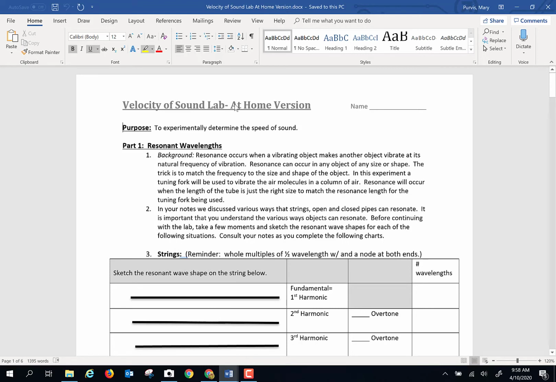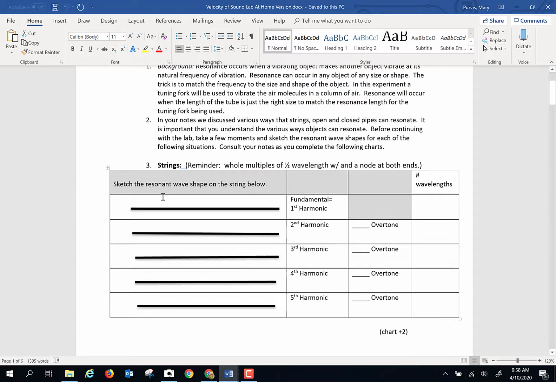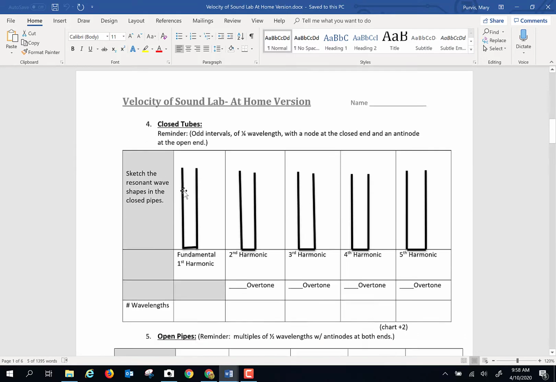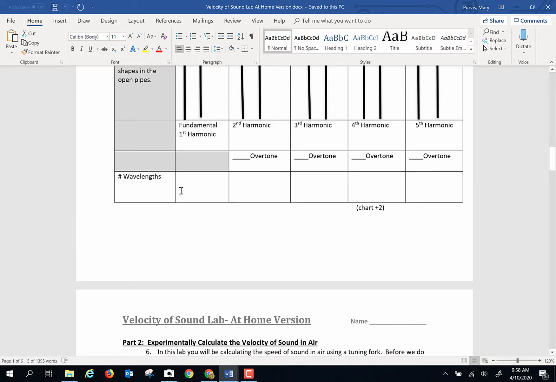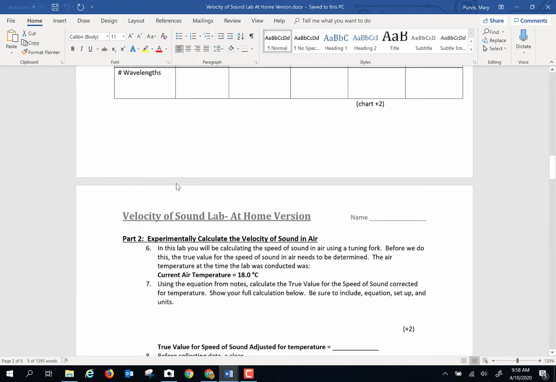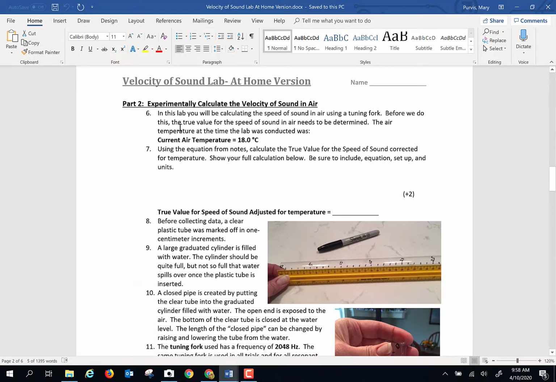So this is the modified at-home version of this lab, and it looks very, very similar. So we're going to start with drawing those wave shapes. So this looks identical pretty much to what you have in your packet. A lot more detail of exactly how the lab was conducted, complete with some data.